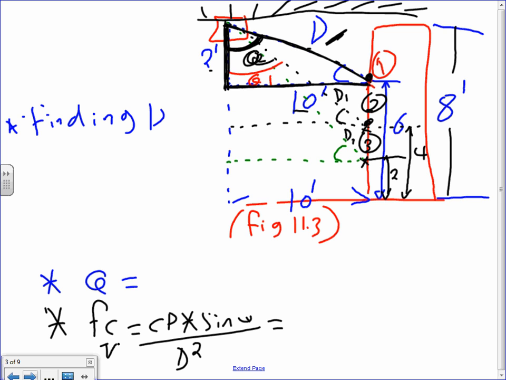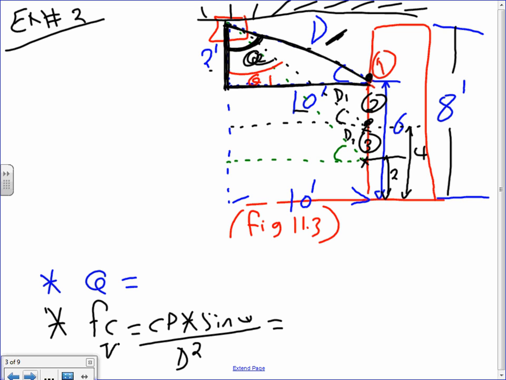So the first thing you need to find is D. This is example number 2, and D equals, at point 1, by the way. I care less about the other points.